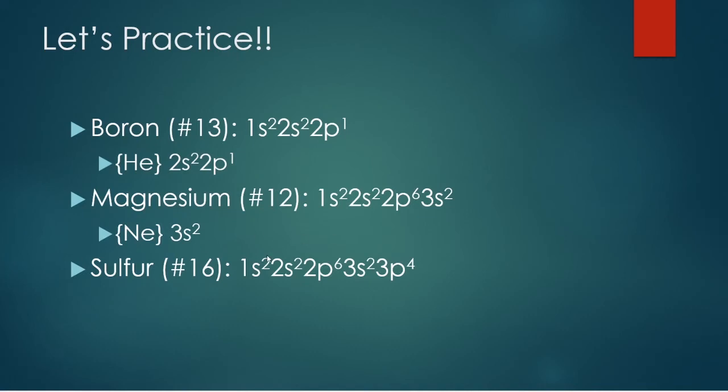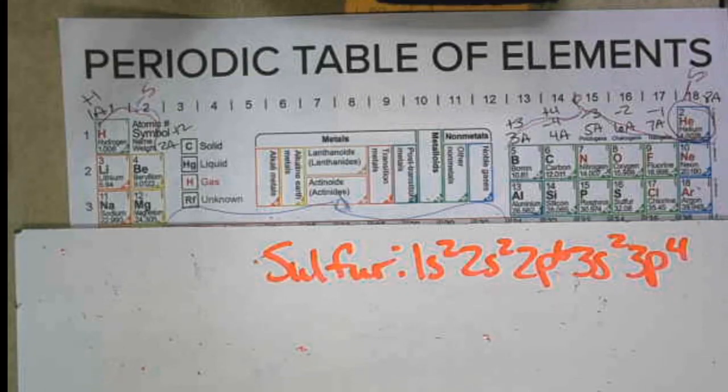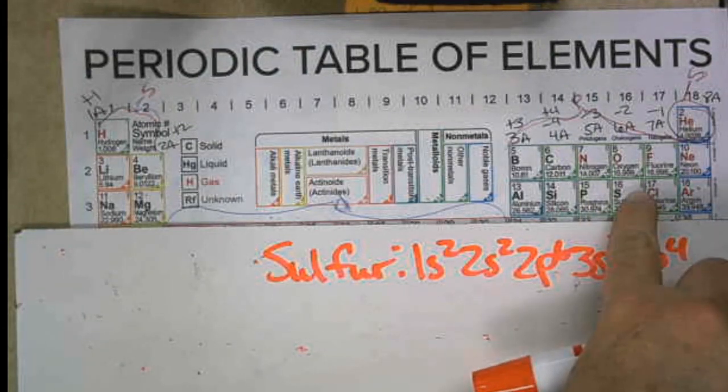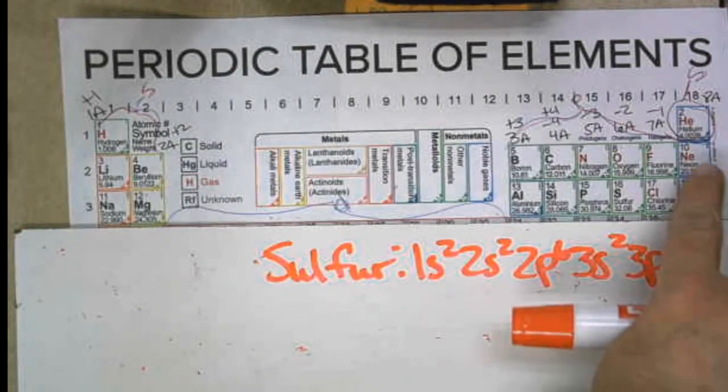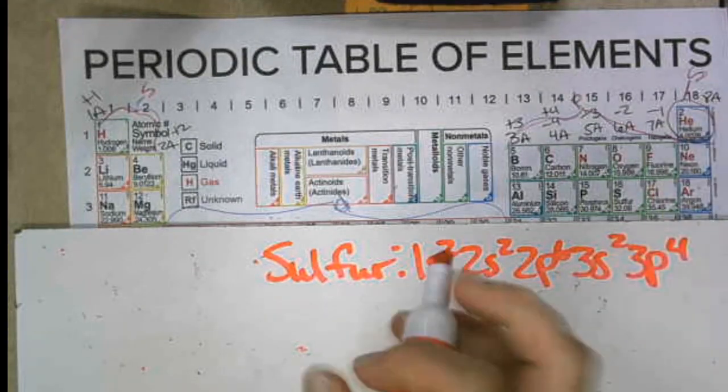All right, let's look at one more here. This is sulfur. And remember when we did sulfur before, it was 1s2, 2s2, 2p6, 3s2, 3p4. So you can see why they created the abbreviated, because boy, they sure do get long eventually, right? All right, so we're looking at sulfur here. We'll go back to the left to find the last noble gas, which would be neon.